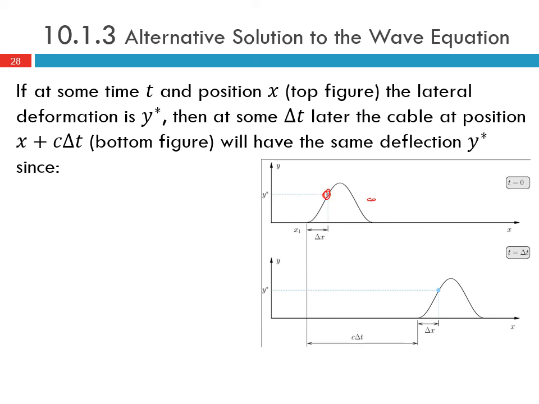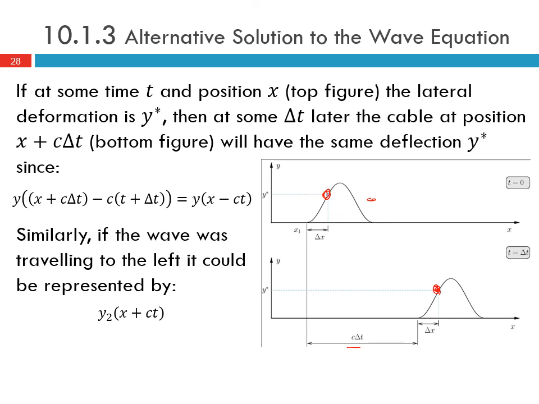Then at some delta t later, the cable at position x plus c delta t will have the same deflection y star. So basically this whole wave has just moved over this distance c delta t. And this is because y of x plus c delta t minus c times t plus delta t is equal to y of x minus ct.